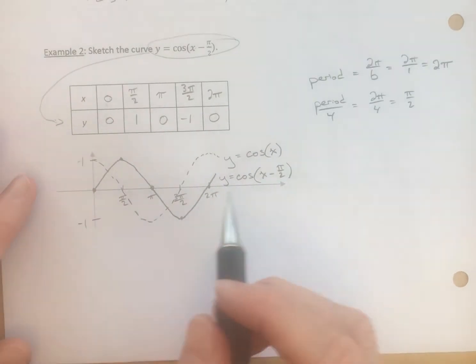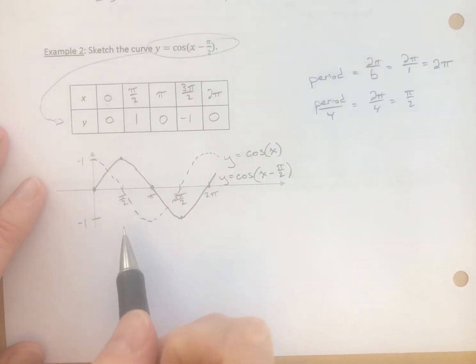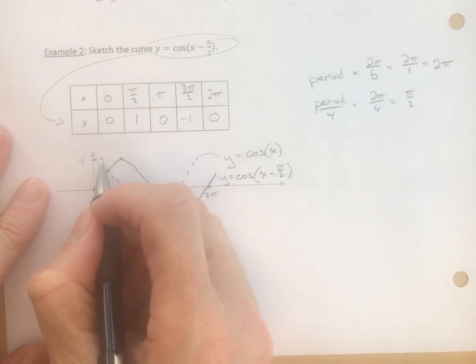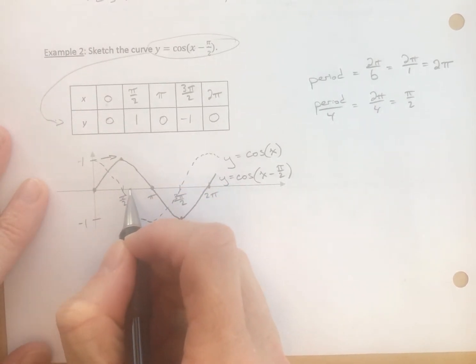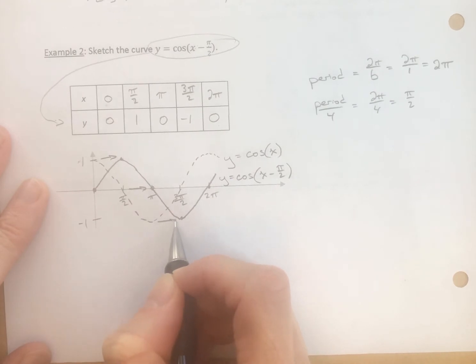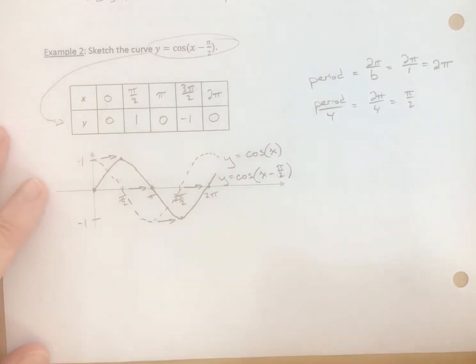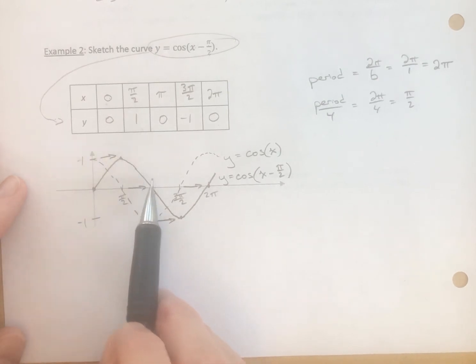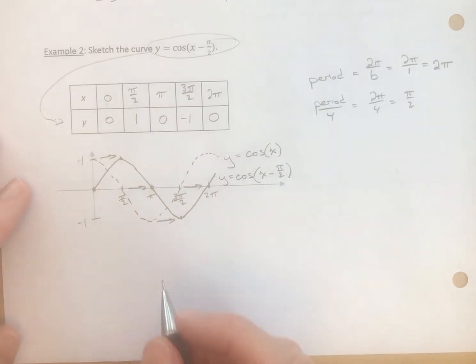You'll notice here, okay, we normally start the cosine from here, so this shifted to the right. Everything shifted to the right with this one, okay? This was the base function here. It went to the right to start here, and then everything went to the right.